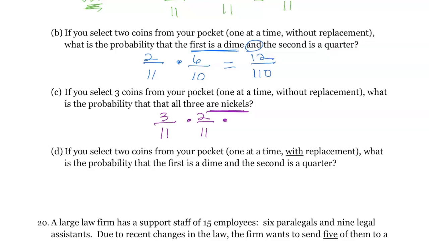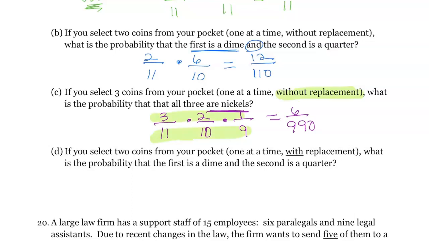I have to go downhill on both. So 2 out of 10 because I took out the coin, right? And then go down again. I now have 1 less nickel once more. So now I have 1 nickel left, but now I only have 9 coins. So 11, 10, 9 is how my denominator is going down, and 3, 2, 1 is how my numerator is going down. So that's going to be 6 over 990. And that is without replacement. That's why these numbers are changing down here. And that's why they're also changing up here.